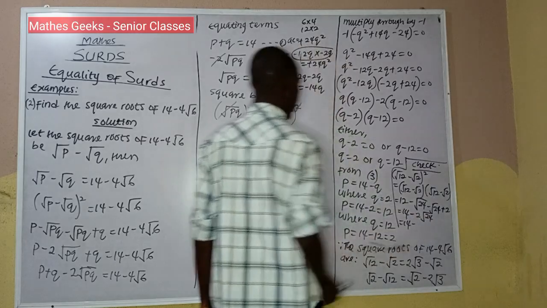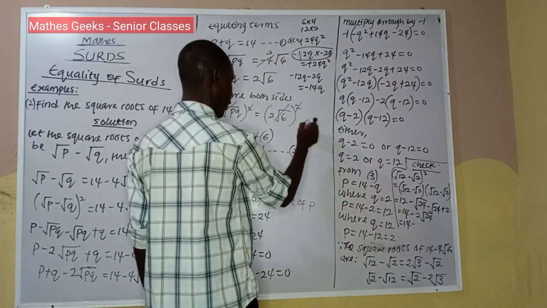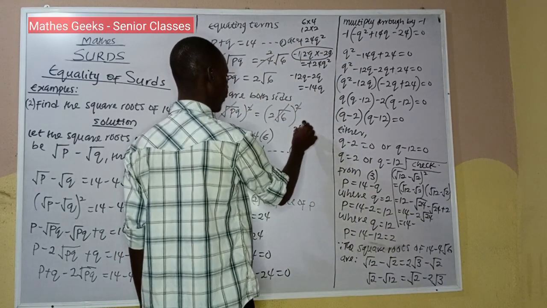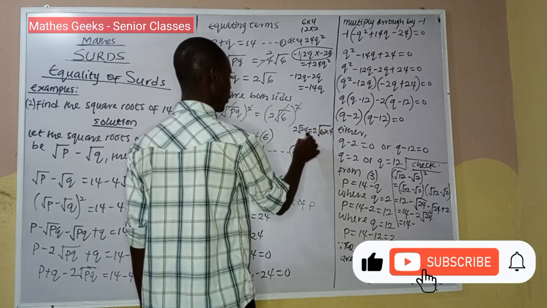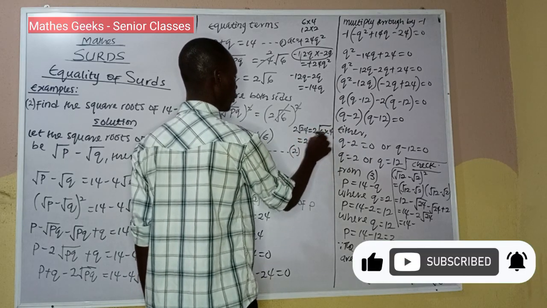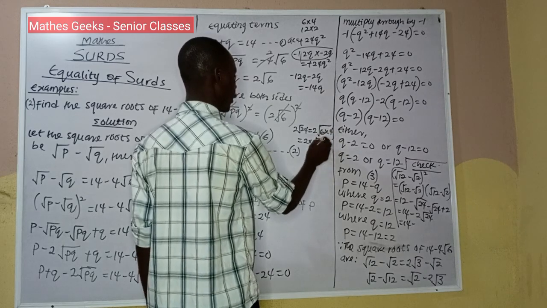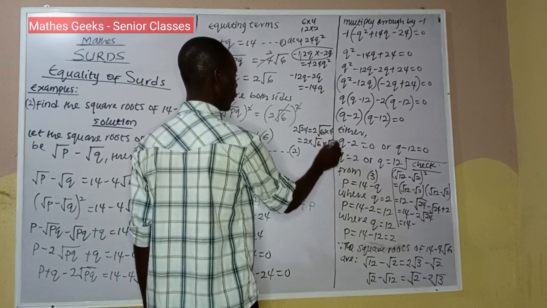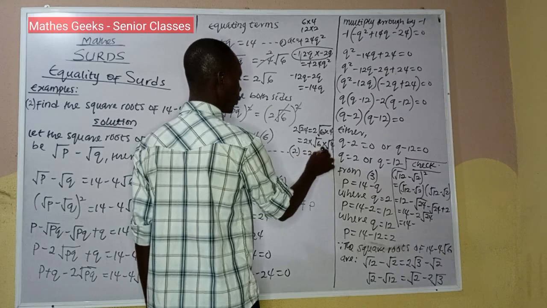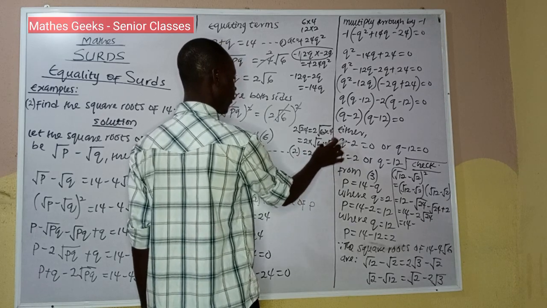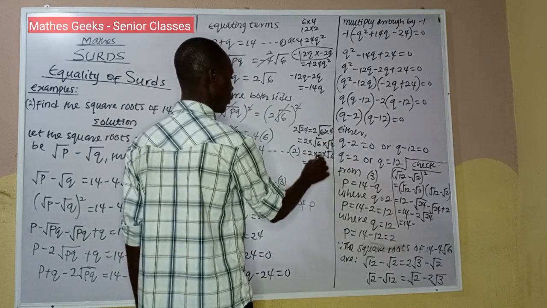Now, minus 2 root 24, when expressed in its basic form, 2 root 24 is equal to 2 root 6 times 4. And this is equal to 2 times root 6 times root 4, where root 4 is equal to 2. So that's 2 times 2 root 6, which is equal to 4 root 6.